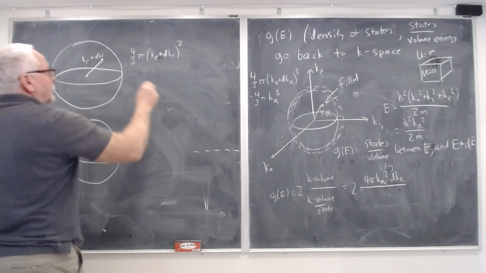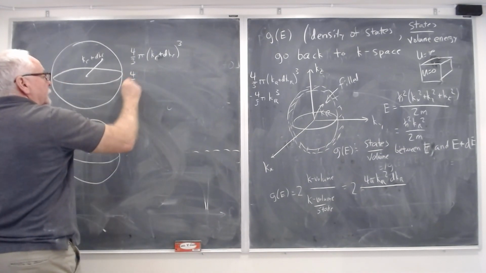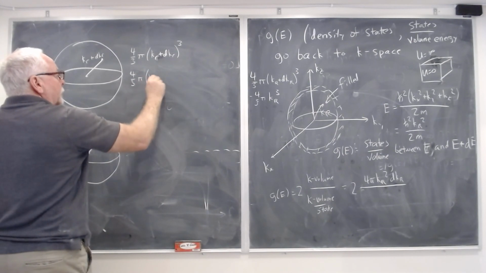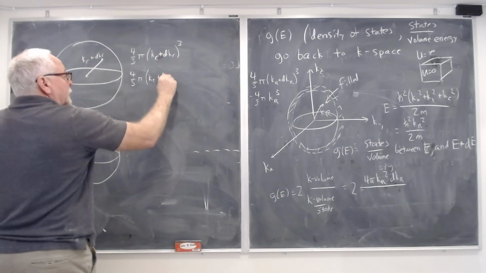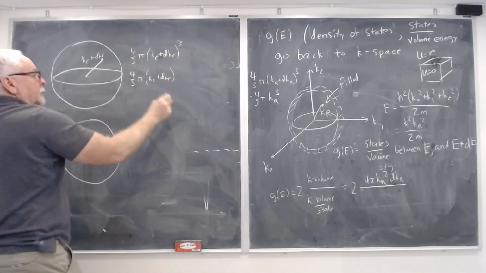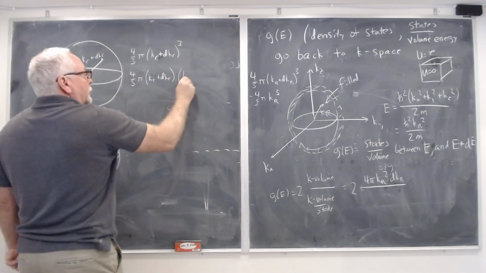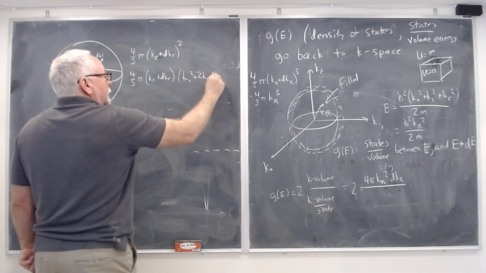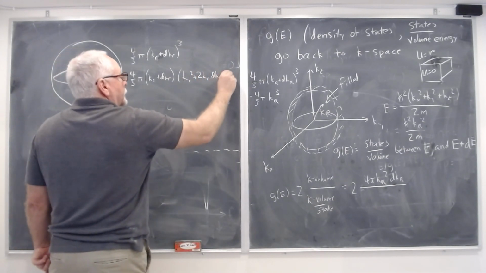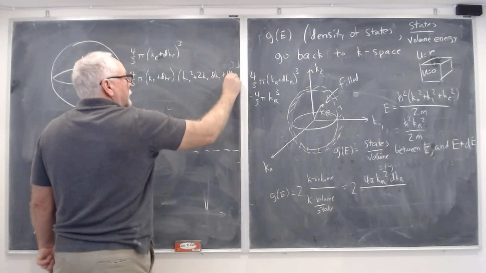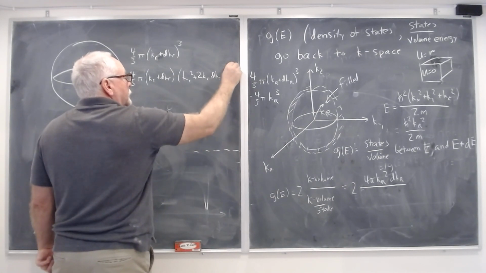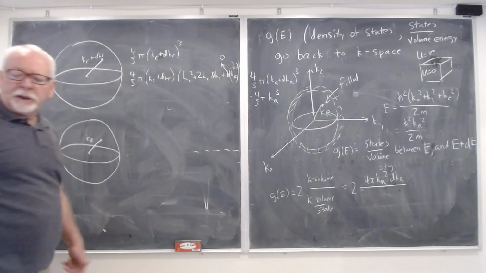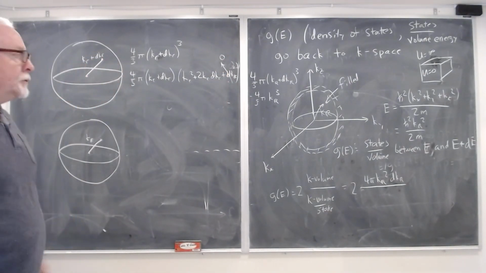All right. So that's 4/3 pi times, let's first multiply two of them. So I'll do (k_r plus dk_r), and I'm going to take the square: k_r squared plus 2 k_r dk_r plus dk_r squared. But that's 0, right? Because if you take a differential and square it, it goes away.